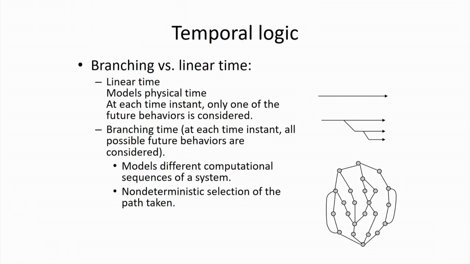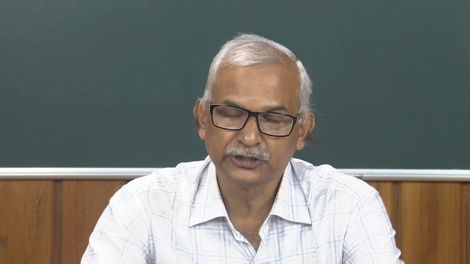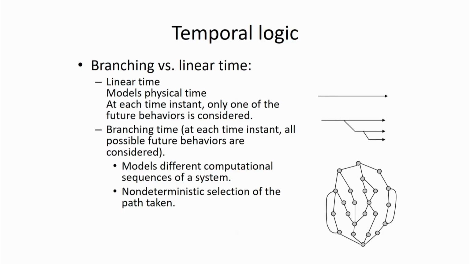In case of linear, we say that time progresses along one particular transition or one particular execution trace. But in case of branching time logic, we consider that from a particular state we have several possibilities; the system can transit to several possible behaviors, but at any particular instance of time, it will take only one next step. In this diagram, if we are in this particular state, then we have three possible behaviors of the system.